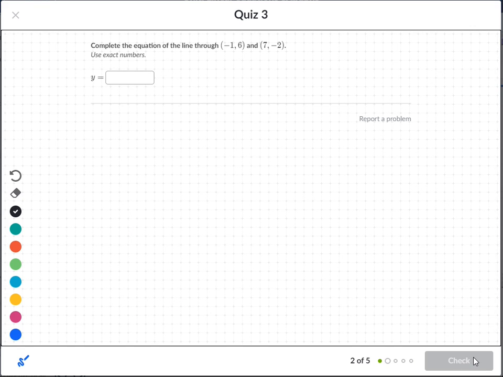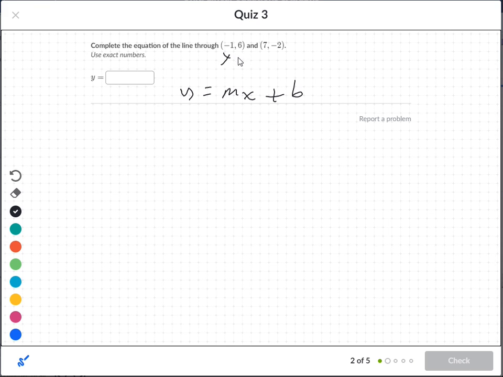Okay, next question. What we want to do is write the equation given just the 2 points here. So we want to use y is equal to mx plus b.